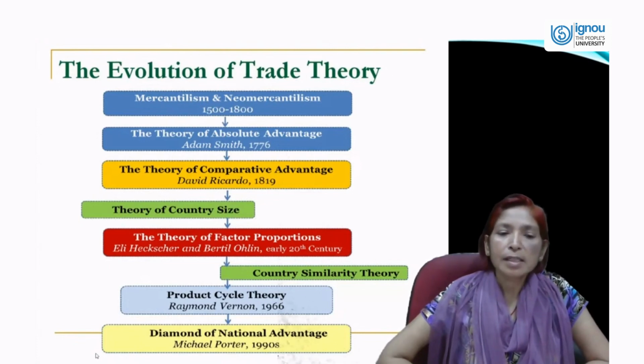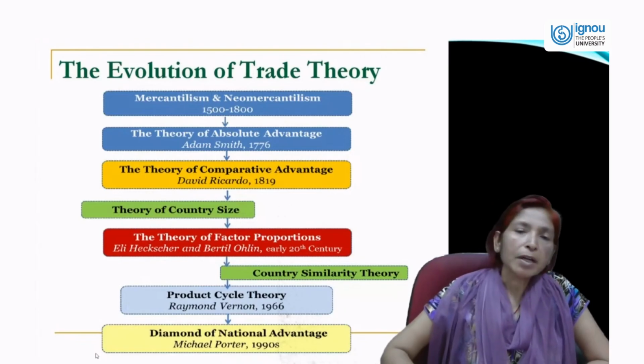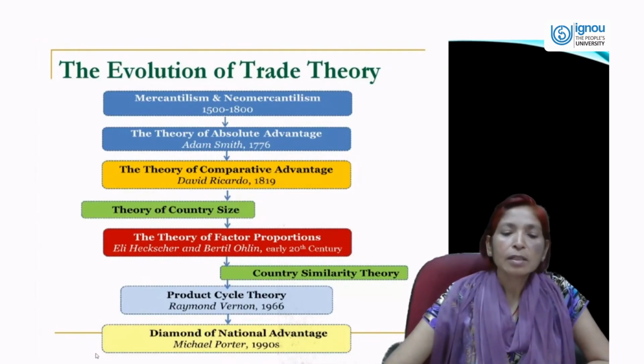And the theory of country size, the theory of factor proportion by Heckscher and Ohlin, in the early 20th century. And the country similarity theory and product life cycle theory, which was explained by Raymond Vernon in 1966. And the diamond of national advantage, this theory of international trade was developed by Michael Porter in the 1990s.